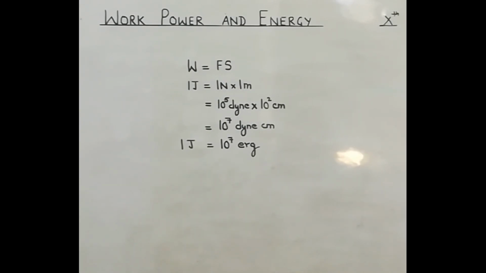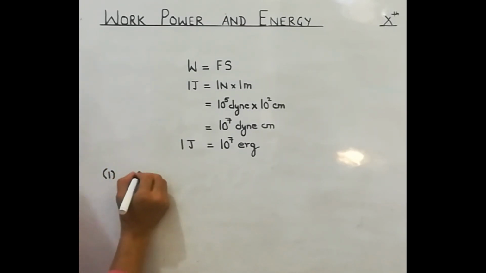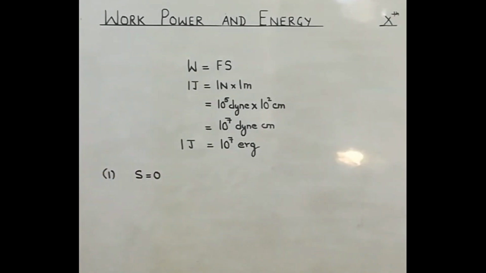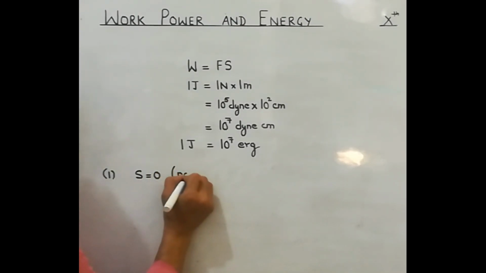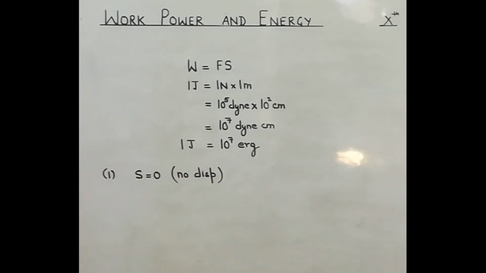So the work done is zero. So the first condition for the work done to be zero is s is equal to 0. That means there is no displacement in the body. Then we say work done is 0.